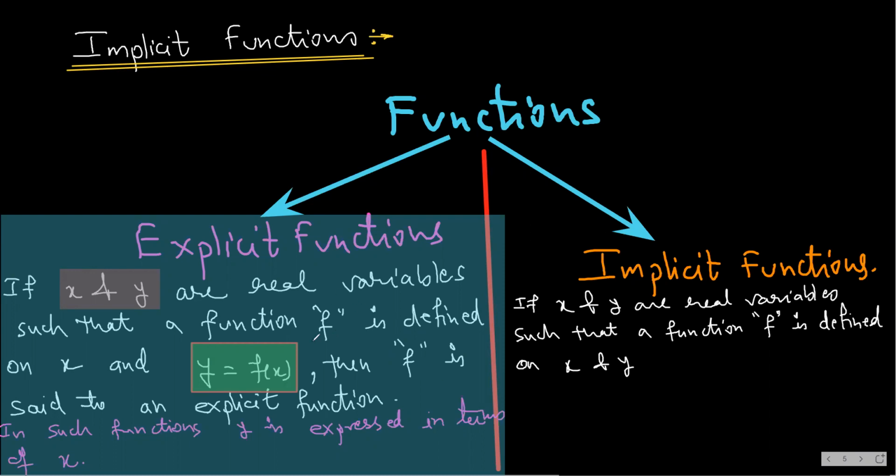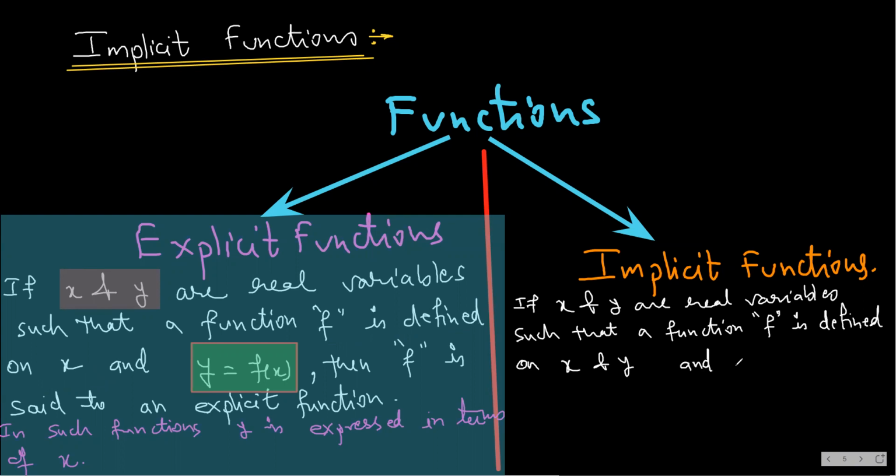See, here I wrote a function f is defined on x only. But here I am writing, a function f is defined on x and y. It is defined on x and y.